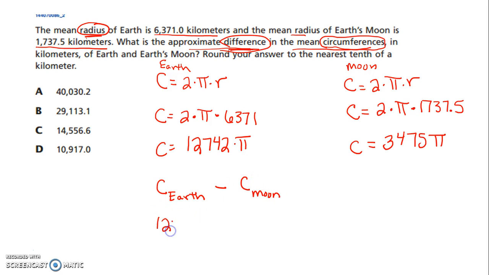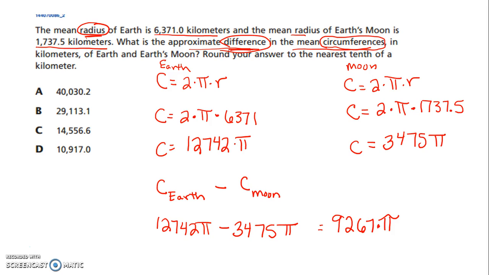So I'll take 12,742 pi, and I'll subtract off 3,475 pi. And if I do that subtraction, I will come up with 9,267 pi. But they want me to round to the nearest tenth. So now at this point, I'm actually going to take 9,267 and multiply that by pi.